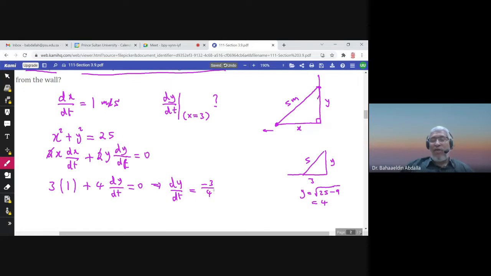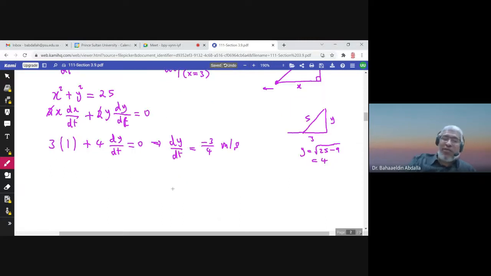So dy by dt is negative 3 over 4 meter per second. Why is it negative? Because y is decreasing. The distance from the top of the ladder to the ground is decreasing because the top is sliding down. So when the variable is increasing, the derivative is positive. When the variable is decreasing, the derivative is negative.